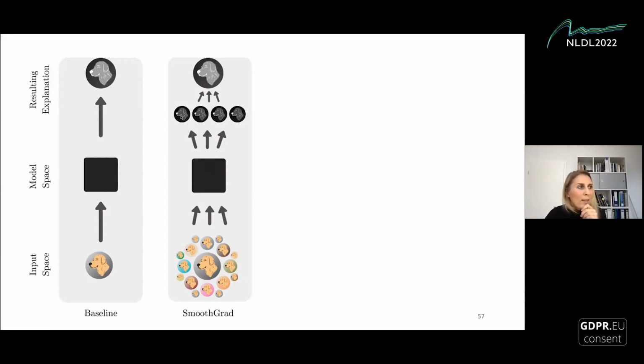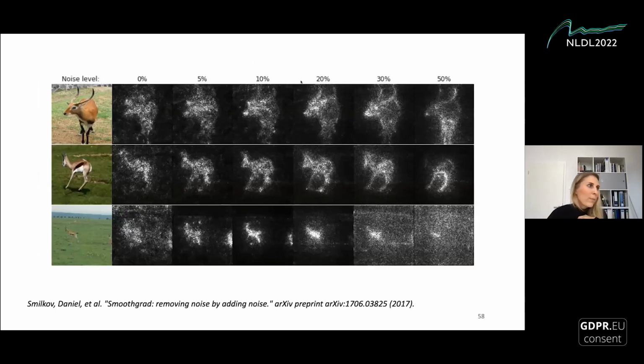And then, of course, for each noisy version, they get an explanation. And afterward, they just average over all these noisy explanations and get the final explanation. And here are the results from their paper called SmoothGrad, removing noise by adding noise.